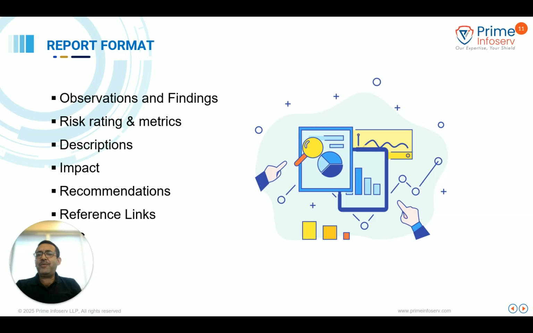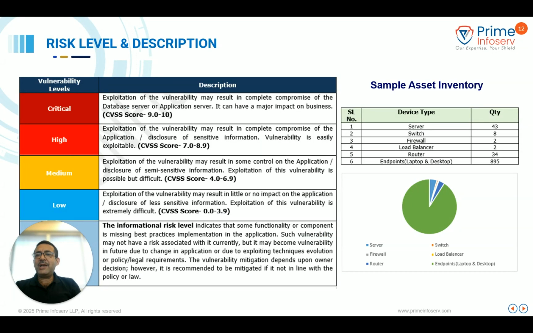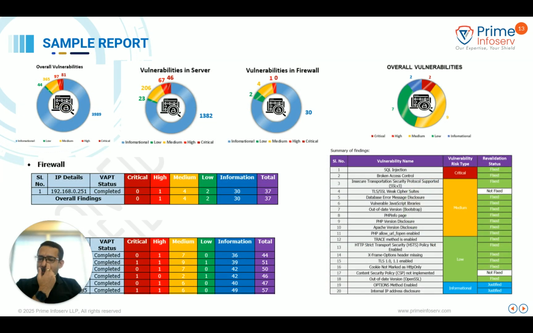So what is the report format? Definitely observation, finding, ratings, metrics, description, possible impacts, possible remediations, and on those remediations, the reference links through which it will be justified, and accordingly the report will be presented. This is a sample report structure with vulnerability levels, possible CVSS benchmarking, and based on that, the summaries and other things are defined, along with the vulnerability name.